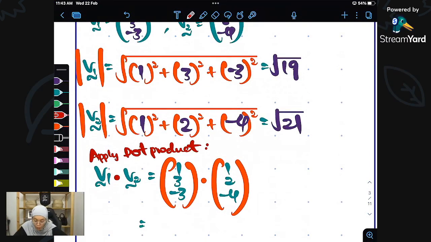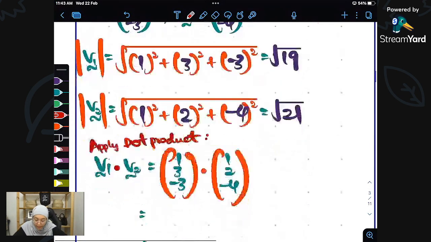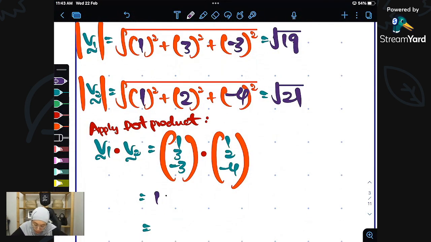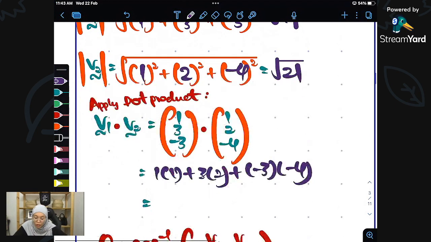V1 dot V2 is both vectors dotted together, and the formula is so easy: 1 times 1 plus 3 times 2 plus negative 3 times negative 4. You use a calculator and you will get the value of 19.